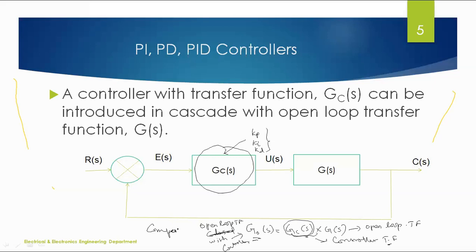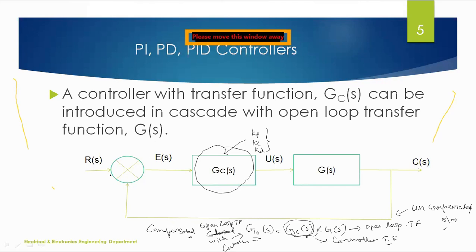Without the controller, we call it the uncompensated system. So we are going to design that GC of S.